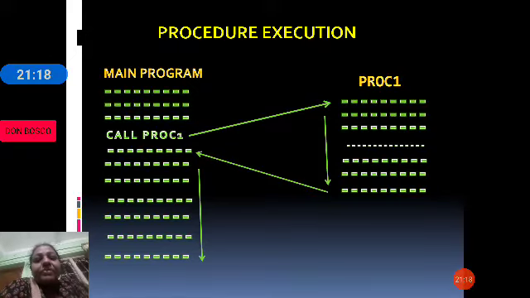When you call that program, control will go to that small program and it will get executed. After executing the small program, control returns back to the main program and it continues the execution of the main program. This is how a procedure is executed in procedural programming.